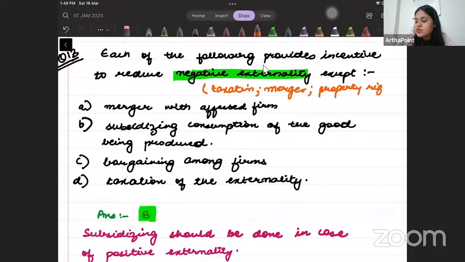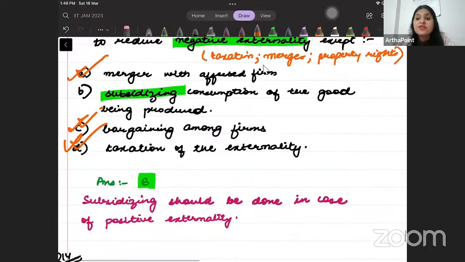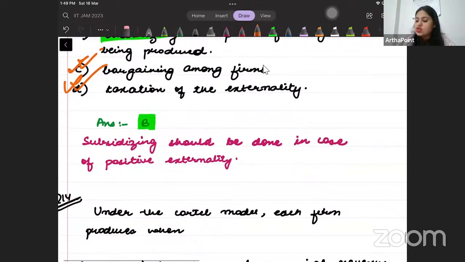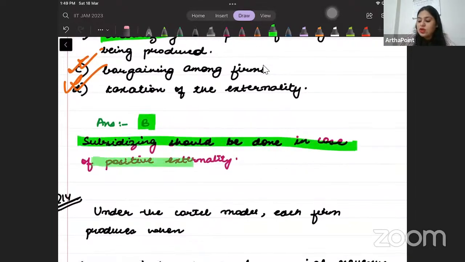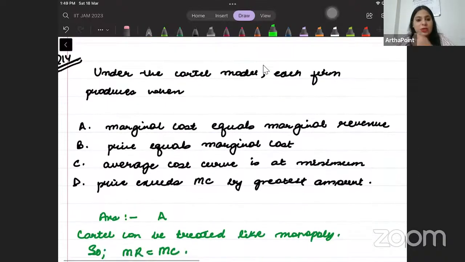We have studied all of this now. These are all the ways to deal with negative externality. So merger can help us, bargaining can help us, taxation can help us, but not subsidies. Subsidy is only for positive externality. So subsidizing should be done only for positive externality. Come to the next question.